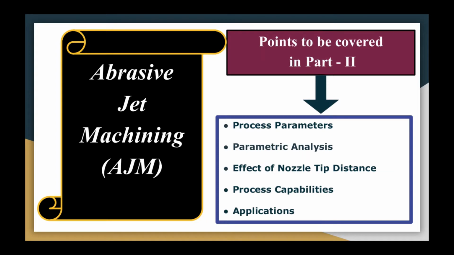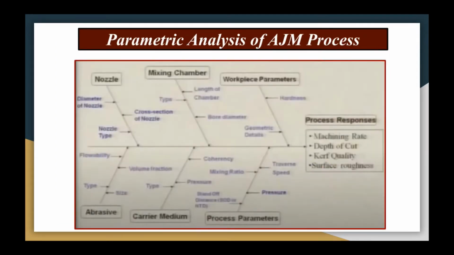So let us start with the parametric analysis of abrasive jet machining process. It is important to understand the effect of various process parameters on the performance of abrasive jet machining. Now I will give you a brief parametric analysis. This is a fishbone diagram.